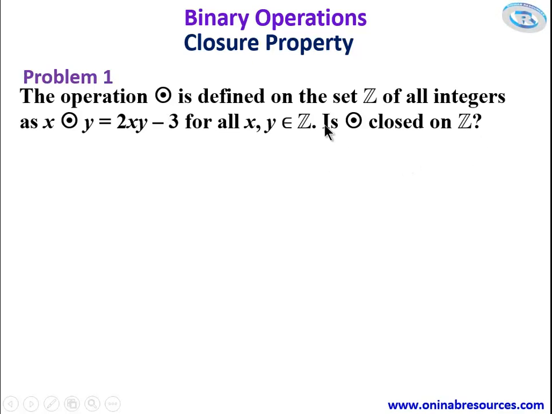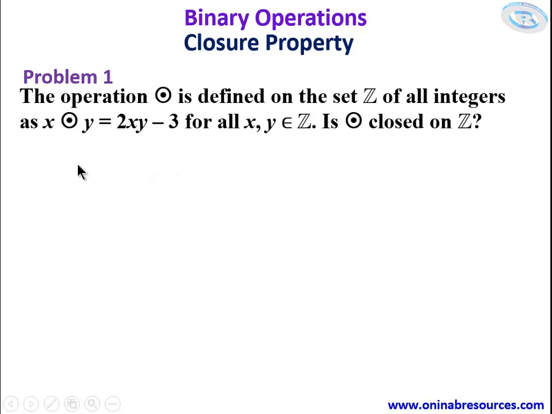We have established at the beginning of this video that addition, subtraction, and multiplication are closed on Z. If you look at this operation as defined, this is multiplication and subtraction. So we can see now that the operation is closed on Z, but we need to verify that.